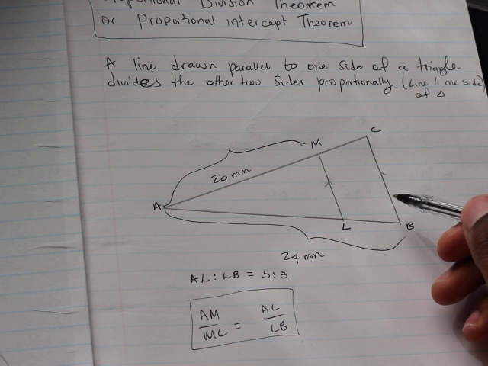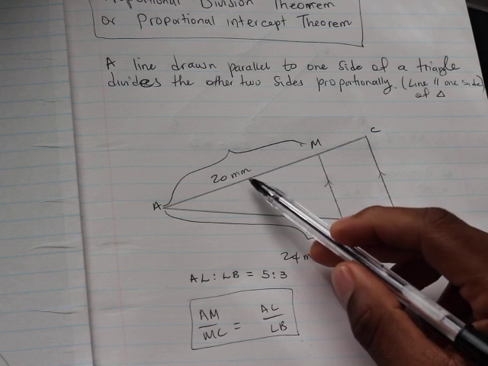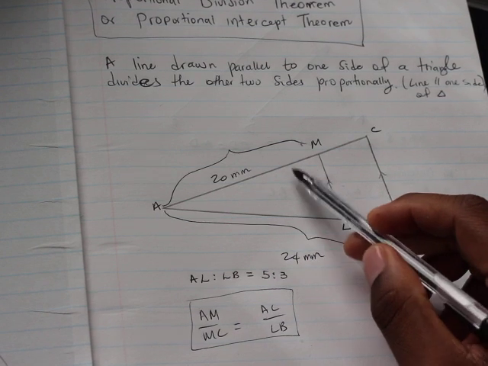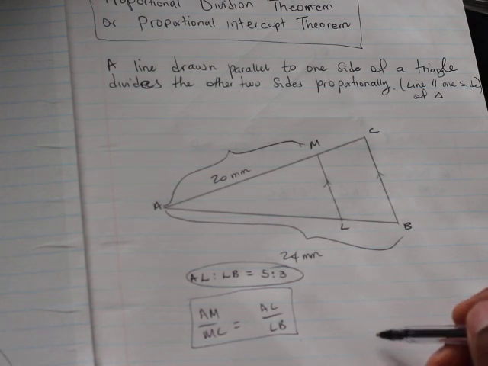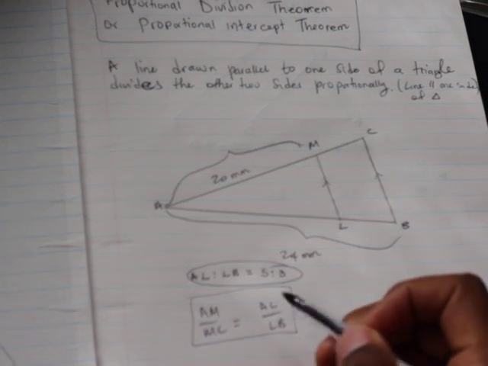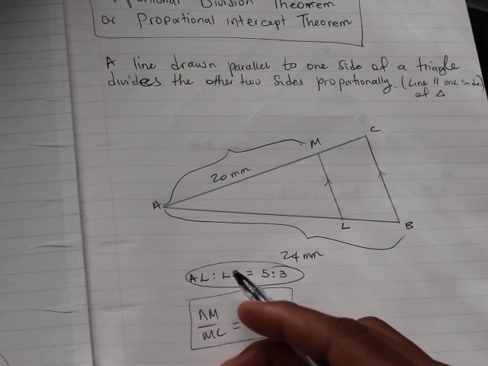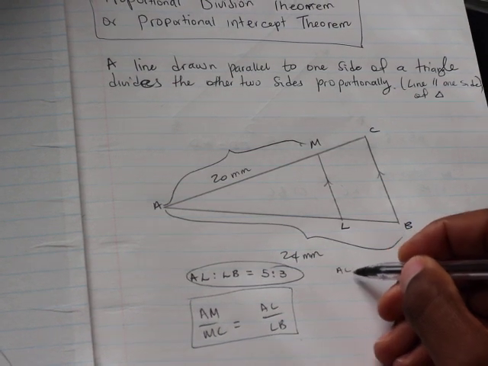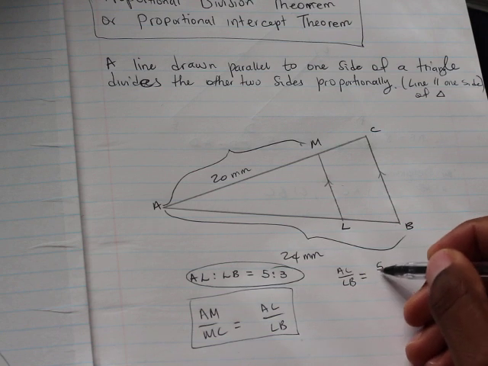Now we need to substitute what we know. If you check, we know the length of AM, and this piece of information here: AL is to LB is equal to 5:3. That simply tells us that AL divided by LB gives us 5/3.